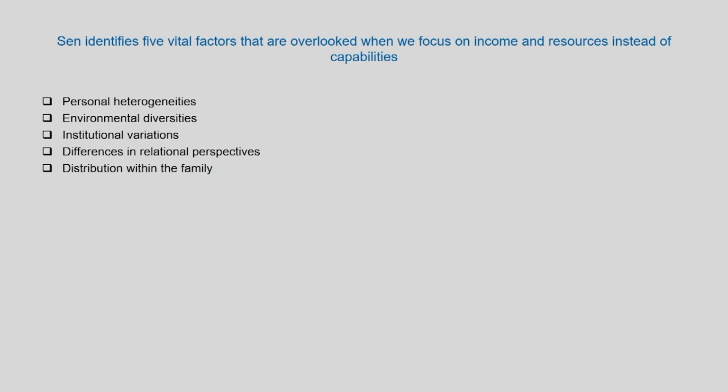Thirdly, Sen identifies institutional variations as very important when looking at development frameworks. For example, there are parents in a country which has free public education, with a lot of institutional support for the education of their children, and there are parents in a country where there is no public education, where education is completely privatized.